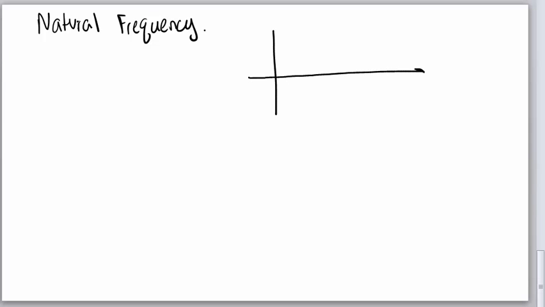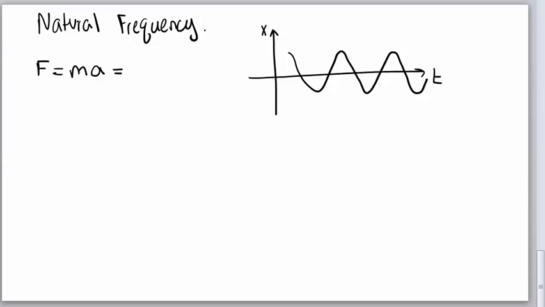Let's look at it again in time. This is time, this is displacement x. So for an undamped system, we know that this is a sinusoid, like so.